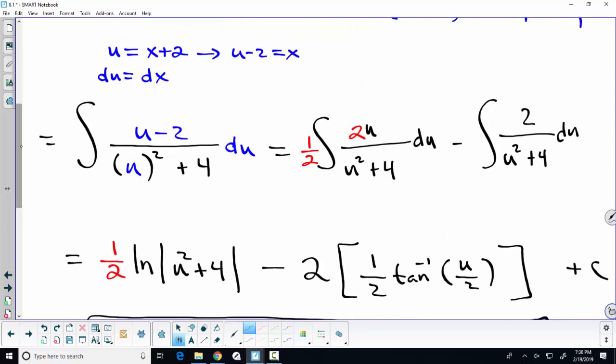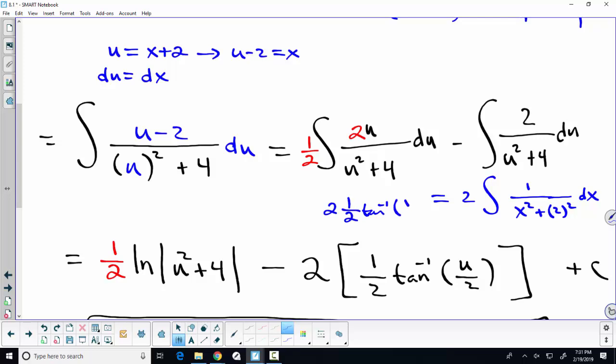So is everyone okay with this? This is just like 2 times the antiderivative of 1 over x squared plus 2 squared dx. So that would be 2 times 1 over a inverse tangent of x over a. I don't really know any other way to explain it.